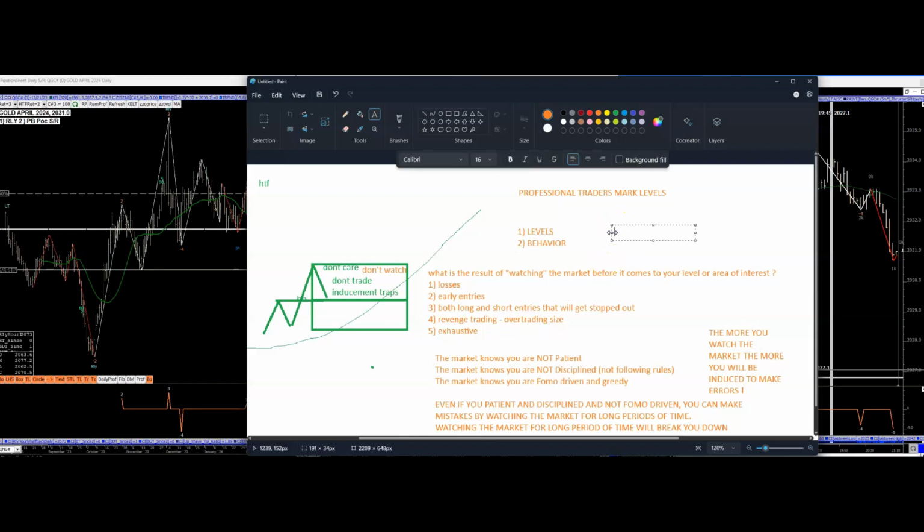If you focus on behavior that is not at your level of interest, you will be induced.